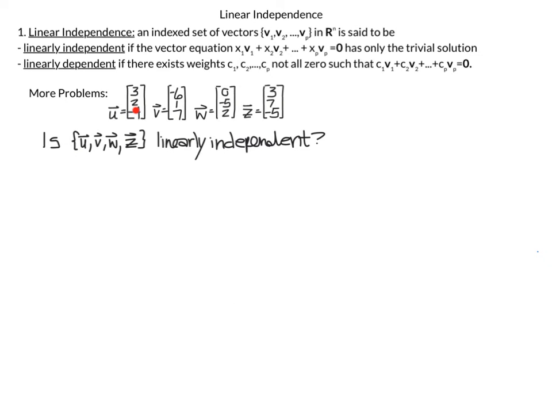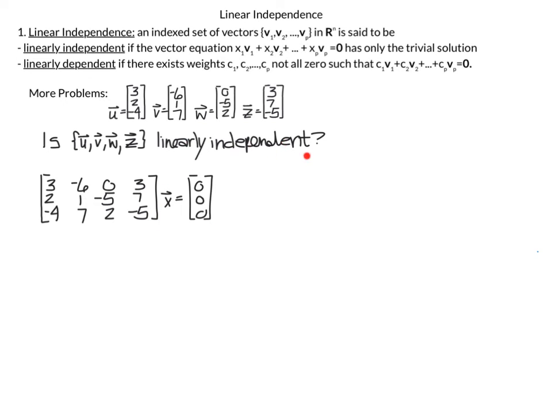And the final question with these four vectors u, v, w, and z is: is the set of four linearly independent? To answer this question, I set up my matrix, my 3, 2, -4, 6, 1, 7, 0, negative 5, 2, and 3, 7, negative 5, my matrix A times X equals 0.